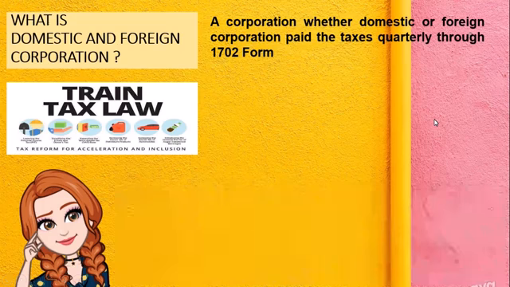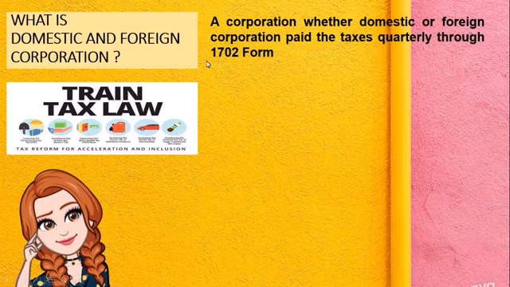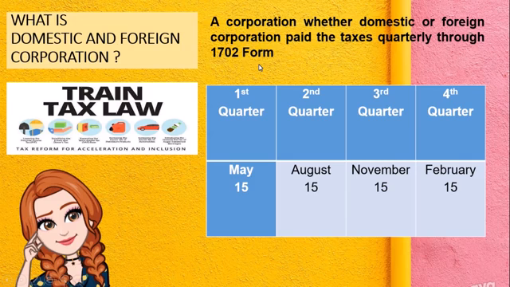A corporation, whether domestic or foreign, pays the taxes quarterly through the 1702-Q form. For the first quarter, from January to March income, you're going to pay it after 45 days, on May 15. For the second quarter, April to June, you pay it after 45 days, so it will be August 15.